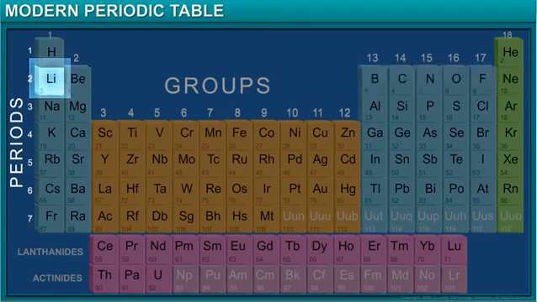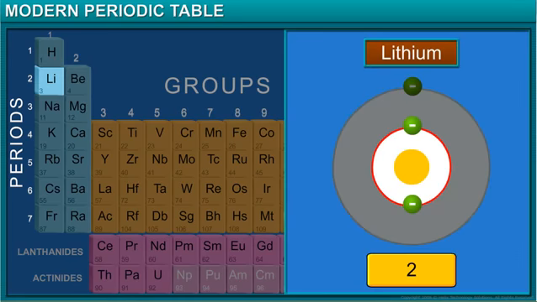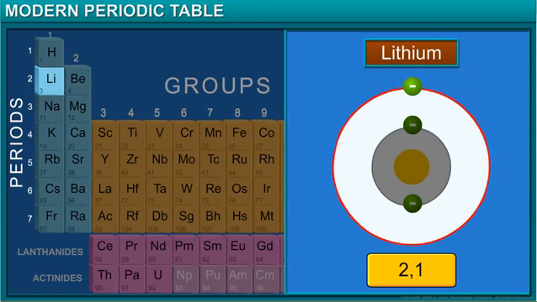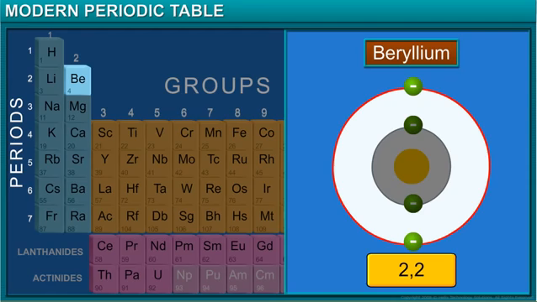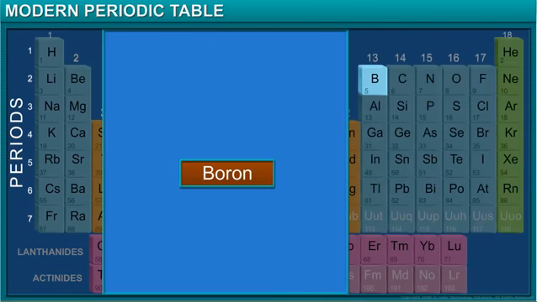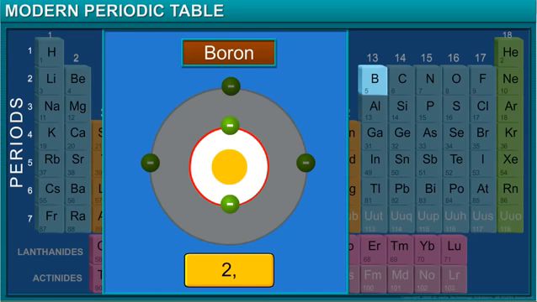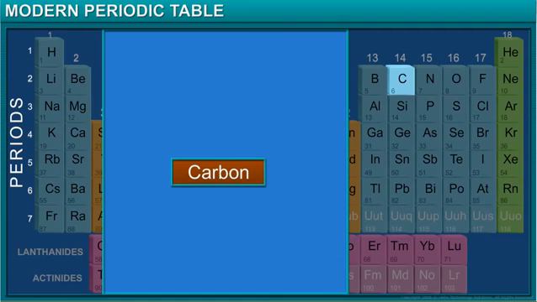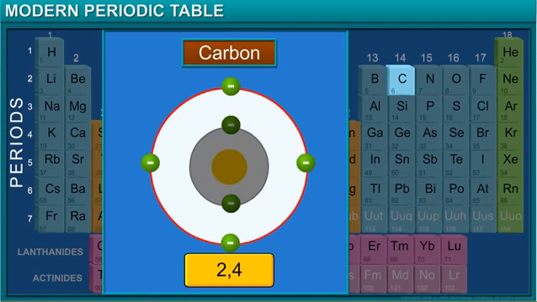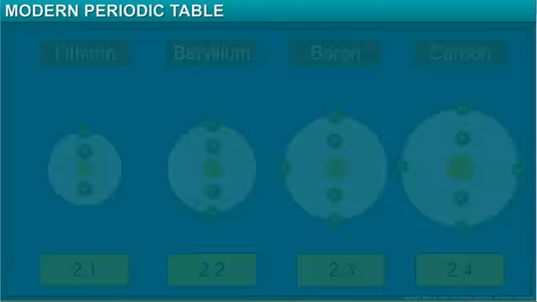The electronic configuration of lithium is 2, 1. Beryllium is 2, 2. Boron is 2, 3. Carbon is 2, 4. And so on.